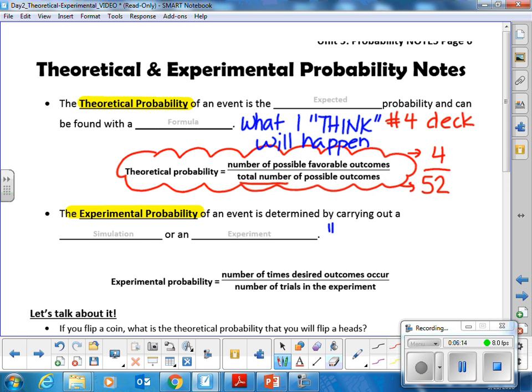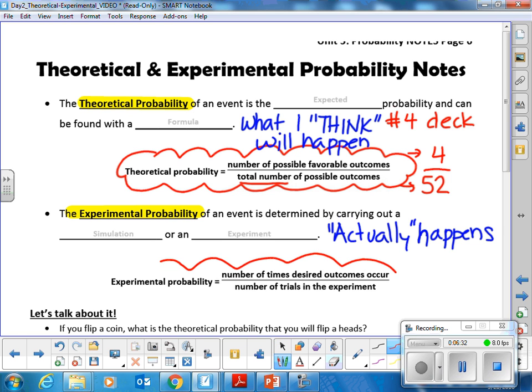And this is what actually happens. And there's actual data that you're going to be given that you use. So that formula, if you look here in the middle, is the number of times the thing we wanted to happen happened over the total number of times we tried.